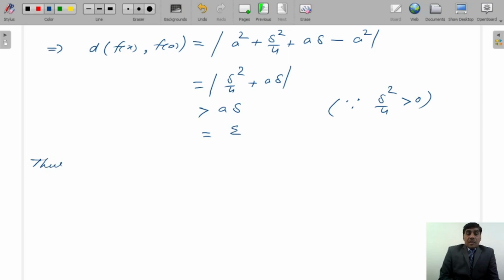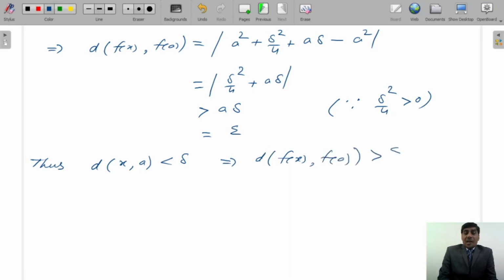Thus, distance between x and A is less than delta, this implies distance between f of x, f of A is greater than epsilon.